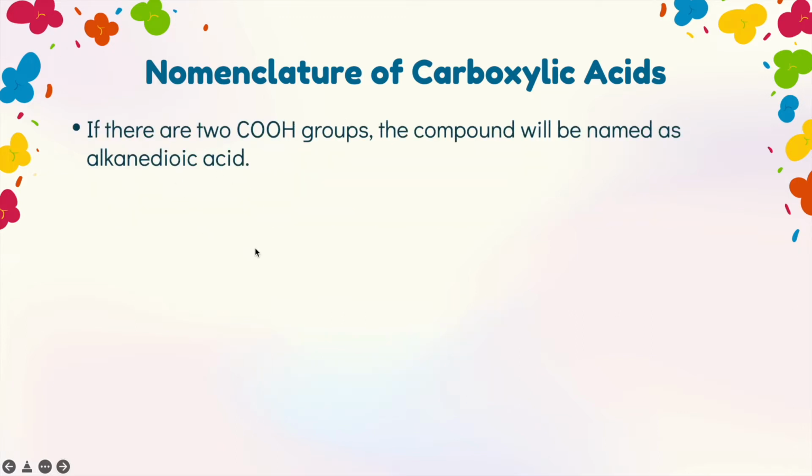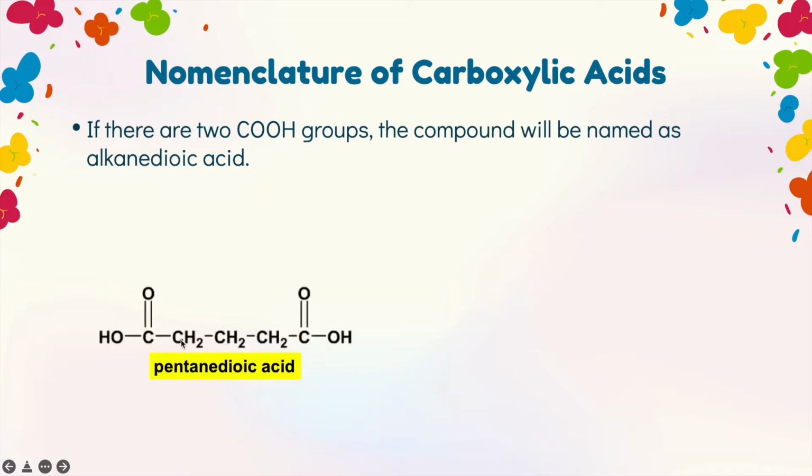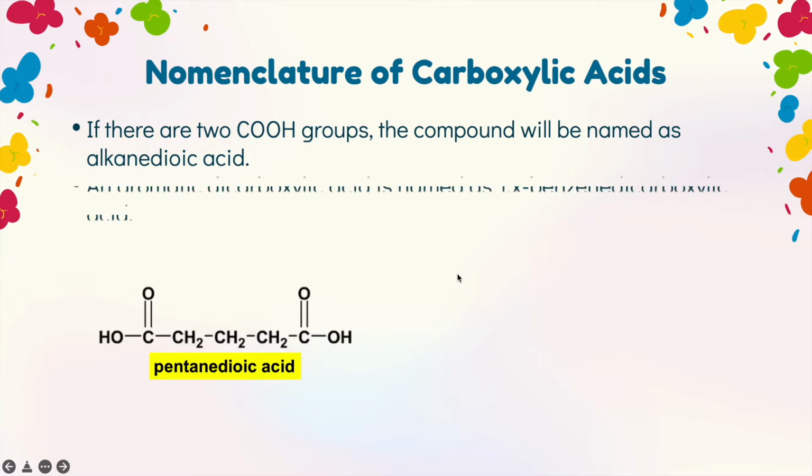If there are 2 COOH groups, the compound will be named as alkane dioic acid. Di means 2 COOH. For example, pentanedioic acid. Here, 1 carboxyl group, 2 carboxyl groups, dioic acid.